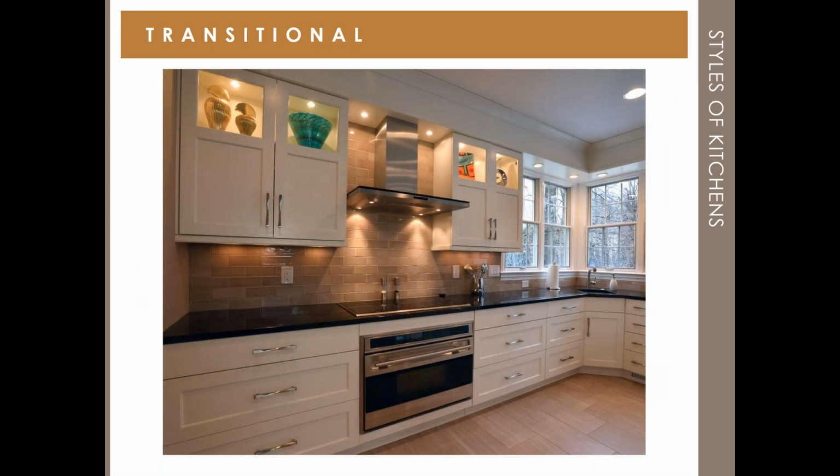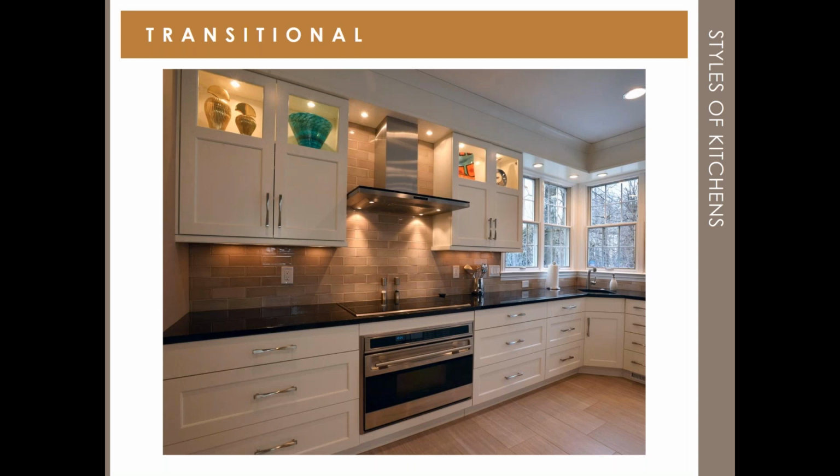Here's the kitchen. Everybody comes to me and says, can I own that? And this gives you the best example, picture-wise, of what transitional truly is. You can see it's a very traditional shaker style door, but there's no frame. Look between the drawers and the cabinet doors, there's no framework. So it's very clean, very sleek.